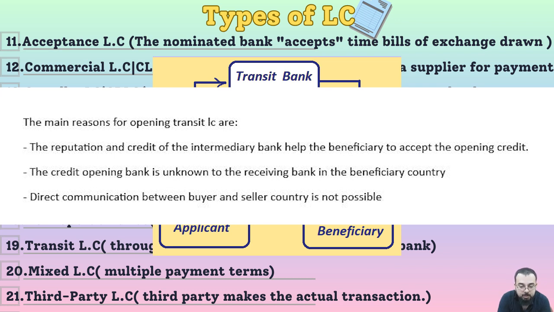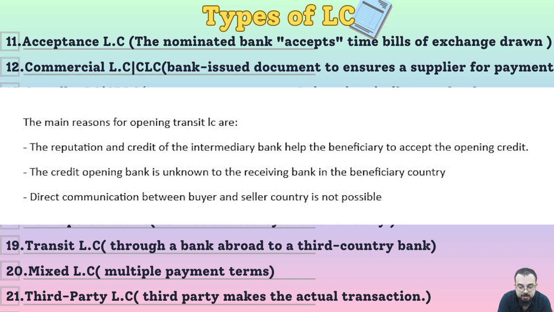The credit opening bank is unknown to the receiving bank in the beneficiary country, so we need a third bank to do it for us. Direct communication between buyer and seller country is not possible.